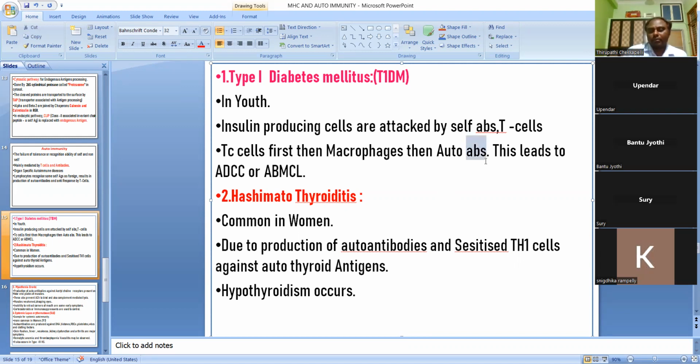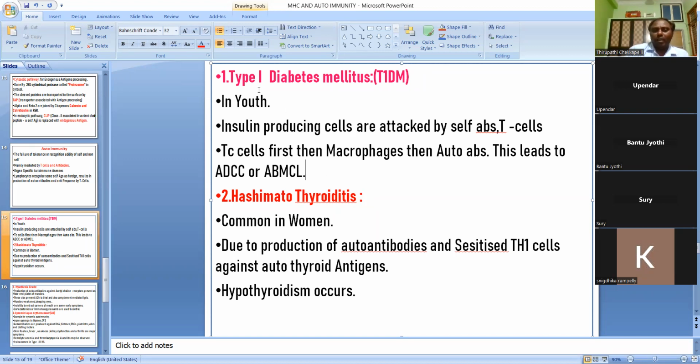First autoantibodies bind to self antigens, thinking that they are foreign, then cytotoxic T cells are attracted, then macrophages are attracted. That leads to antibody dependent cell mediated cytotoxicity, that is, antibody mediated cell lysis.